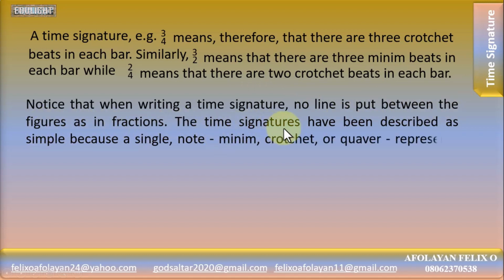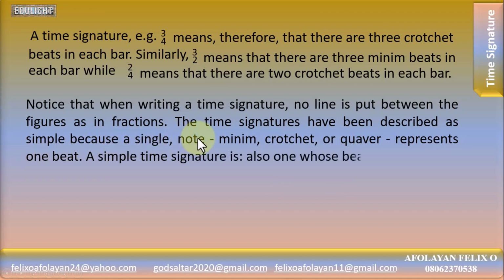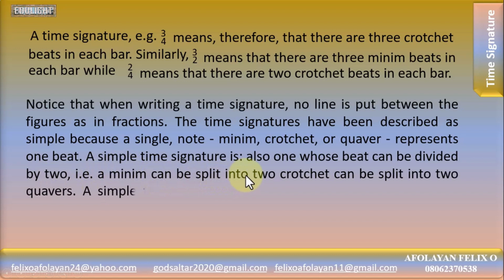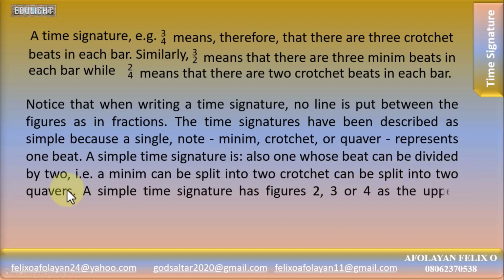The time signature has been described as simple because a single note, minim, crotchet or quaver, represents 1 beat. A simple time signature is also one whose beat can be divided by 2. That is, a minim can be split into 2 crotchets, and a crotchet can be split into two quavers.